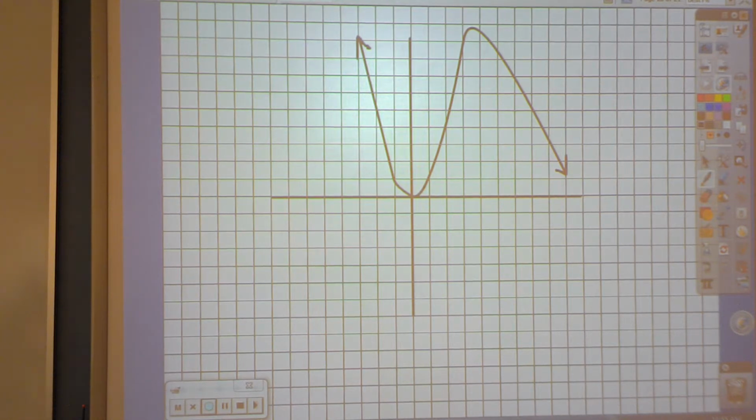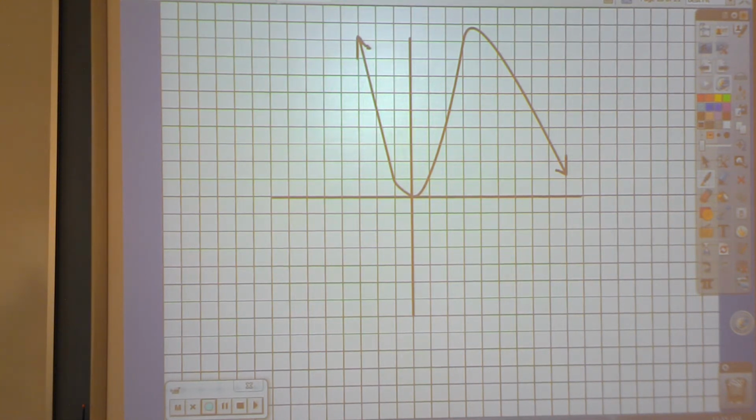Actually, it's the easiest one. What's your domain? -infinity to +infinity. Why? Because of the arrowheads, they keep going and going. Think of a baseball in space. You throw a baseball in space, where's it going to stop?